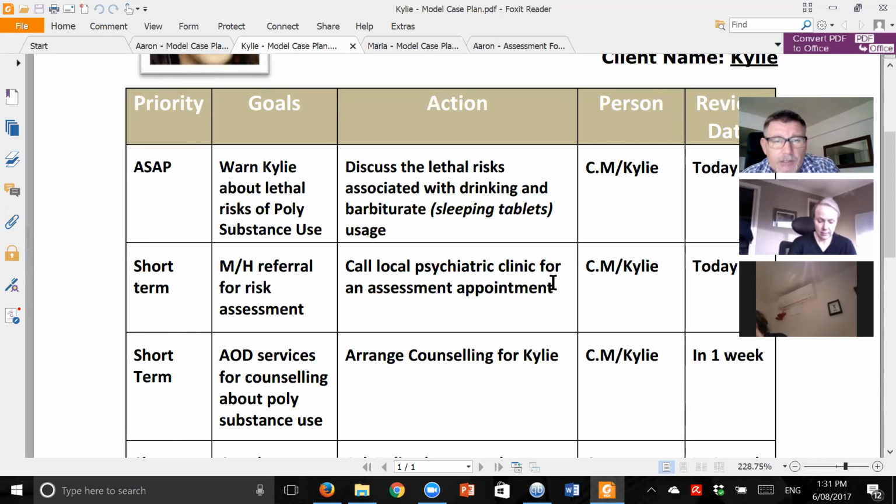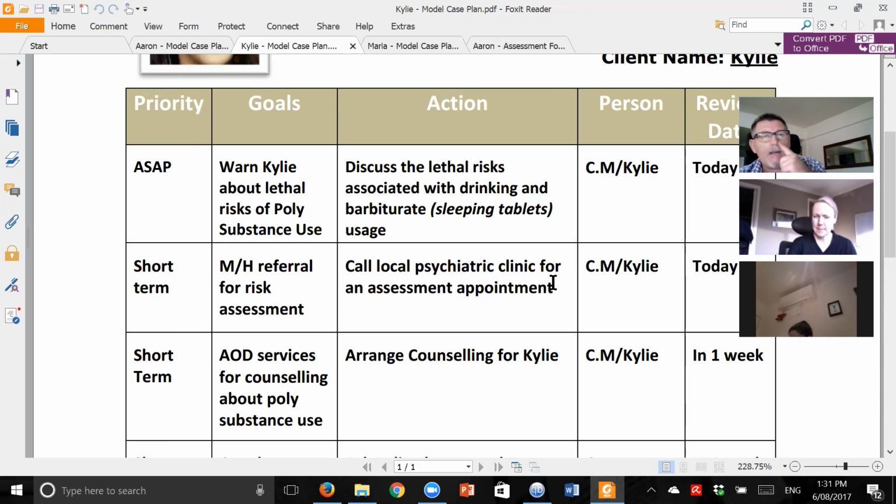So we want to link her in as soon as possible. The case plan keeps the timeline reflective of the information you've been given, and if you read the case plan, it becomes evident what the level of importance is.